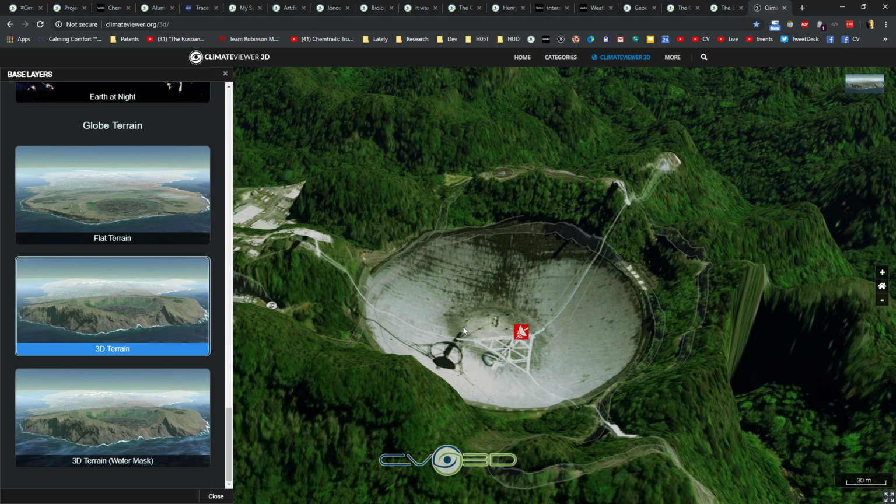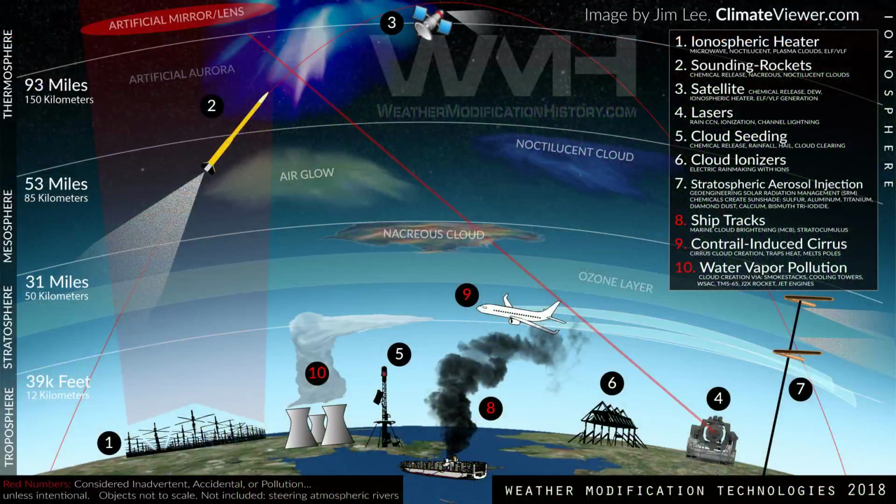Back in the 70s and 80s, they were using this ionospheric heater in conjunction with a satellite that sprayed chemicals in space. And as you can see in my 10 technologies, up here at the very top, number 3, top center of the screen, that's a satellite chemtrail. So number 2 is a sounding rocket.